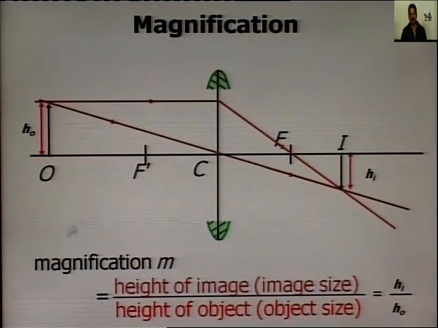Here we have an object and a real image of that object formed by a convex lens. The size of the image is hi and the size of the object is ho. The ratio of hi and ho is called magnification or linear magnifying power of a lens. So, hi over ho is denoted by small m, the magnifying power.